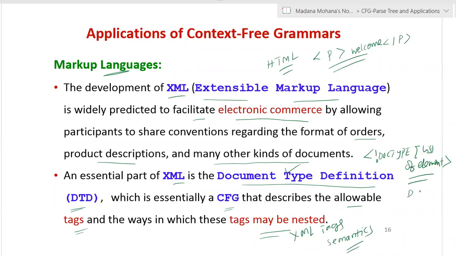This is the document type definition syntax, DTD, which is essentially a context-free grammar. The list of elements is denoted by using li, with a description of the element, like that. For this also, context-free grammars play a major role. This is the new application of context-free grammar. The oldest one is the use of context-free grammars in parsers or syntax analysis.